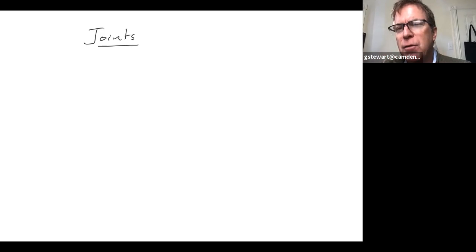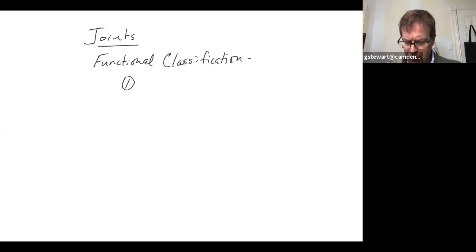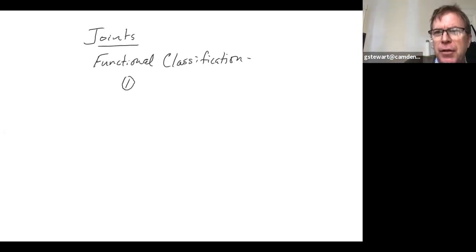Functionally, we classify joints into three main categories. This is important. We'll refer back to this classification often. So functional classification, there are three main classes of joints. The first one is called synarthroses, S-Y-N.